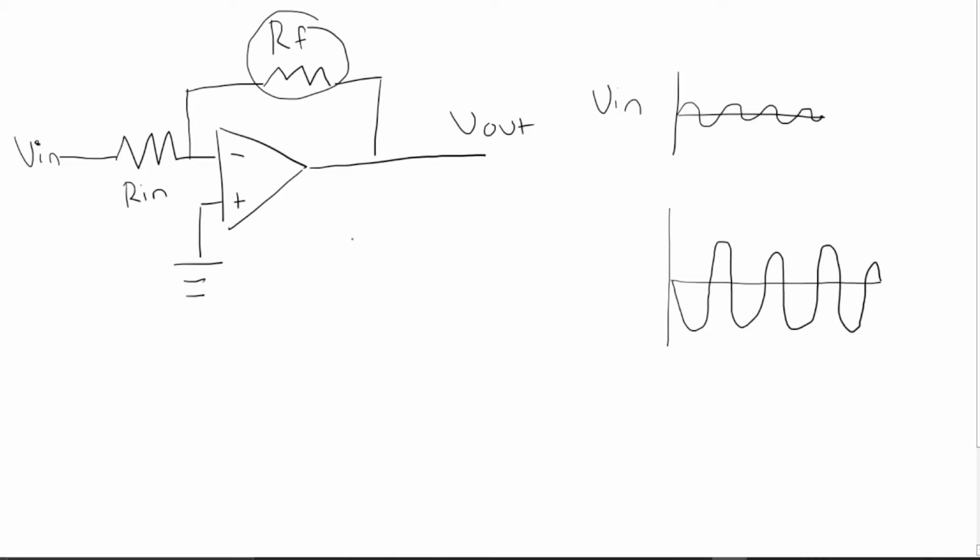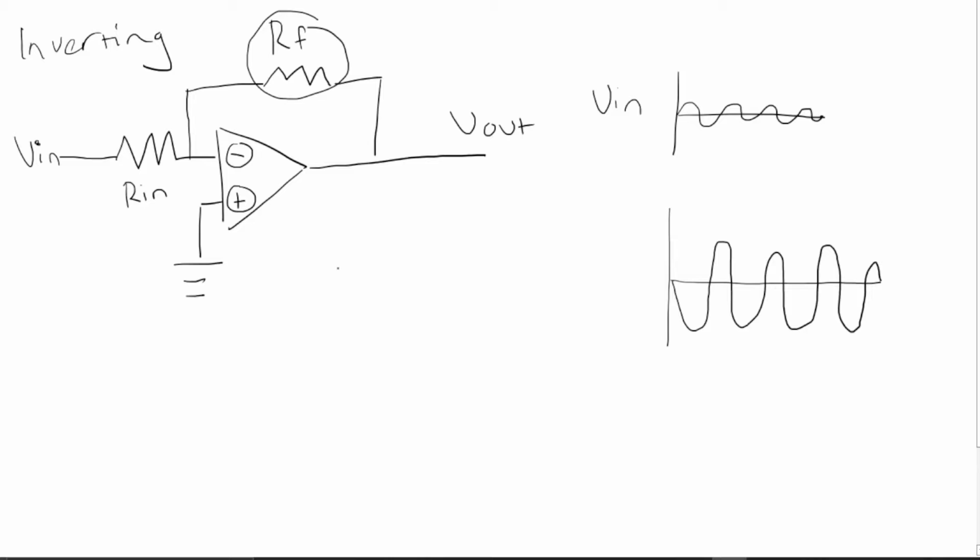And V out, just for an inverting amplifier. It's inverting because we have our signal going to the minus, as opposed to the plus.